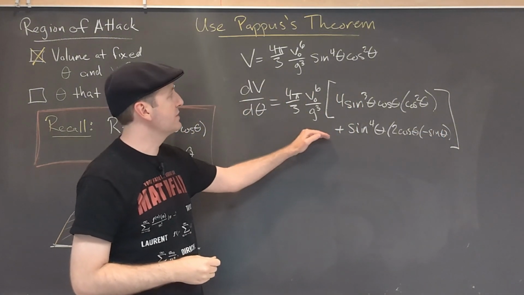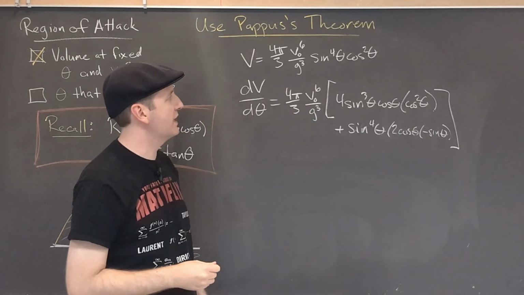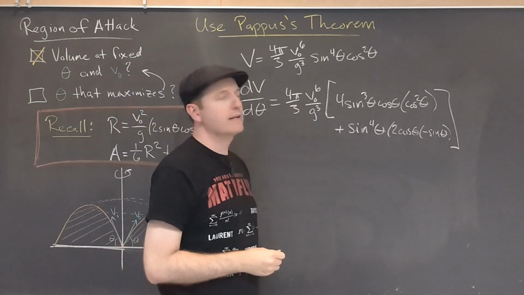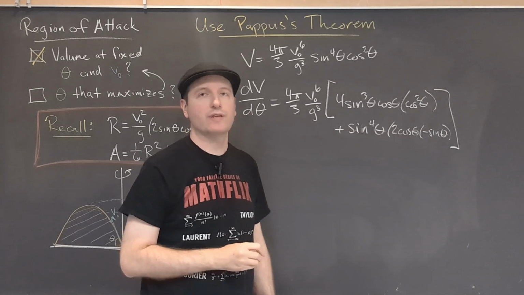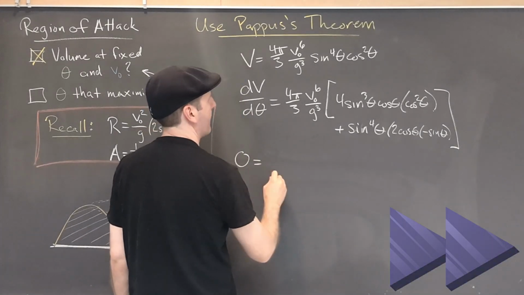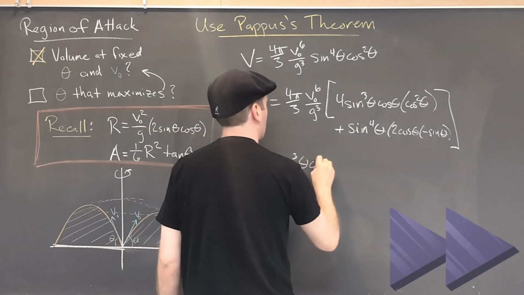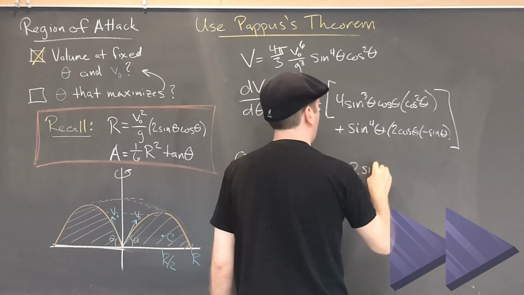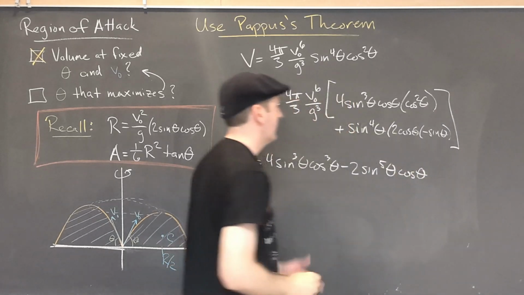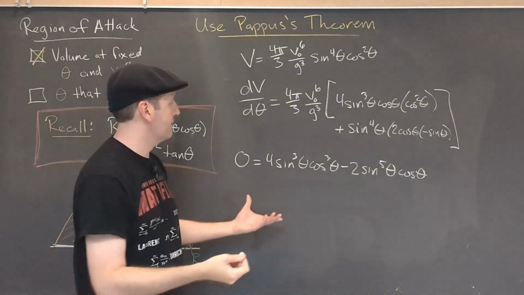Setting this whole thing equal to 0, noticing the stuff in the front is just a constant, we'll end up getting a nice little simple relation for theta. We can factor this as much as we want.